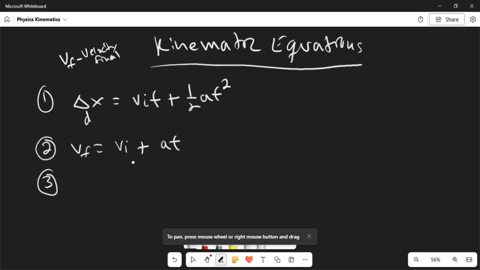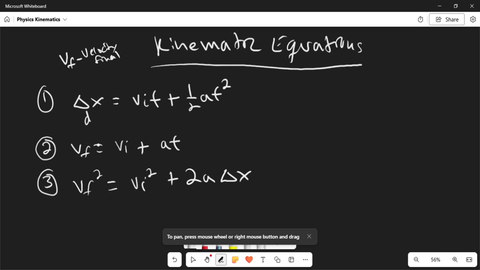Number 3 is going to be this one, velocity final squared equals velocity initial squared plus 2a times the displacement, which is the change in x. So you would use this equation when you don't know what the time is.